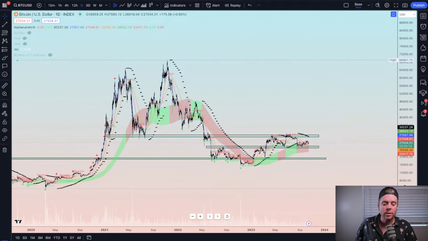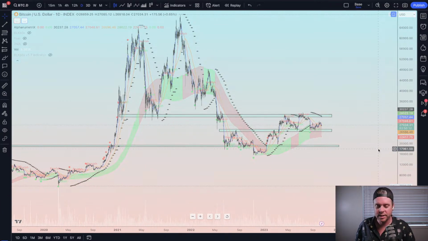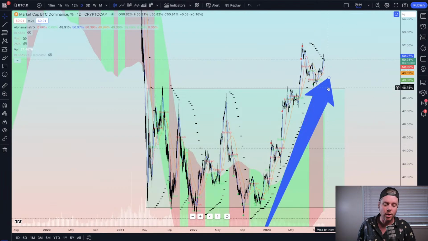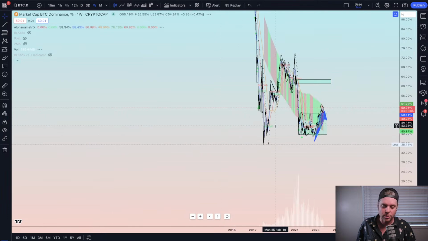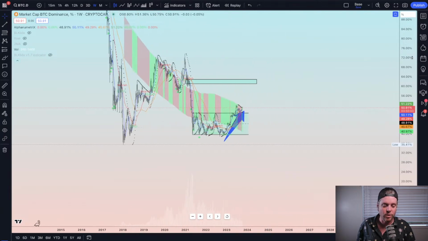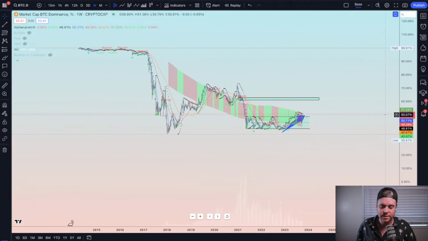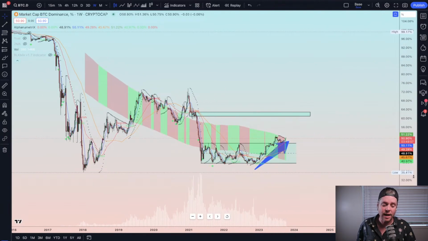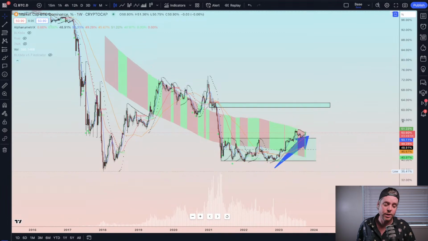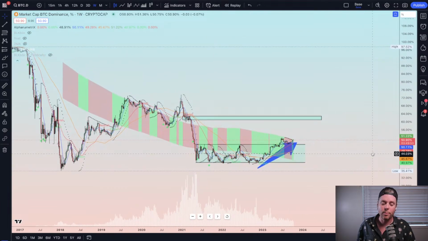Now, alts continue to get wrecked. If we take a look at the Bitcoin dominance chart, we have been in an uptrend on the Bitcoin dominance chart since 2021. We've been saying for years, months, it's not the time to buy altcoins. The time to buy altcoins is honestly a very short period in time in the market.